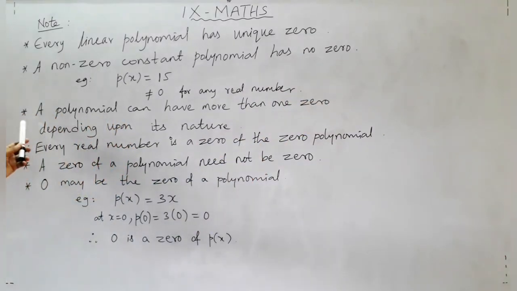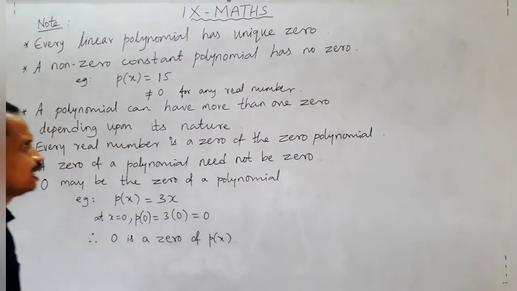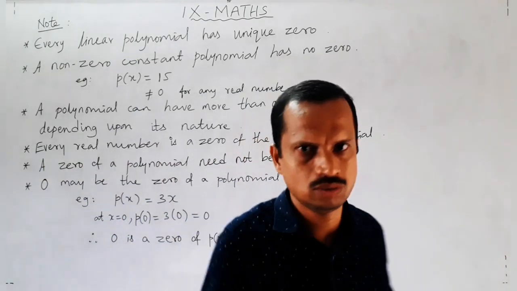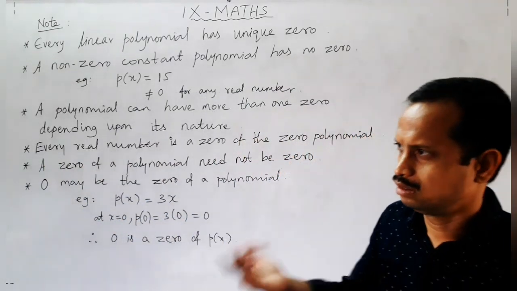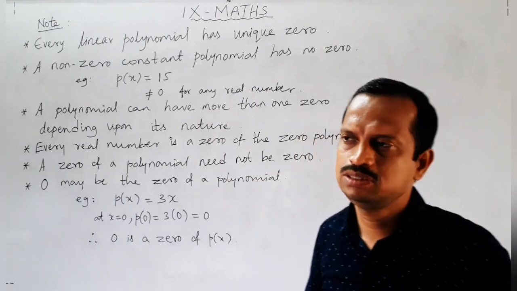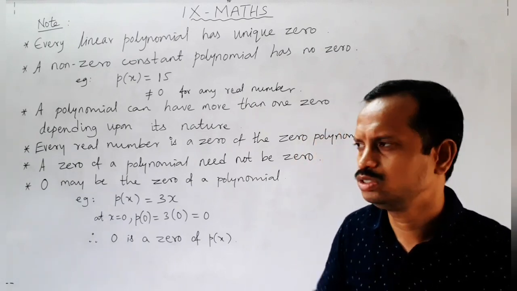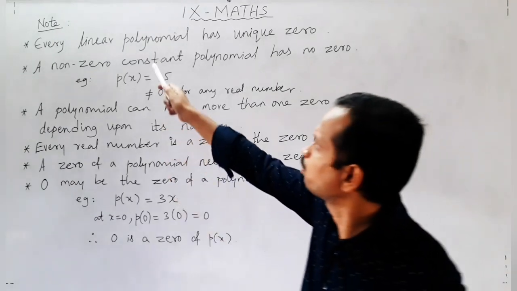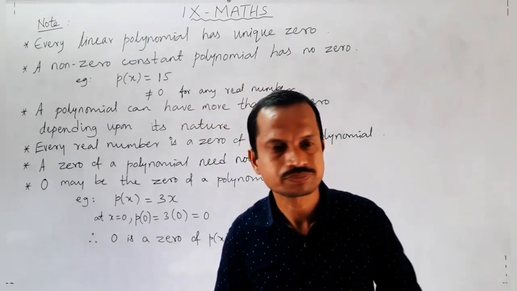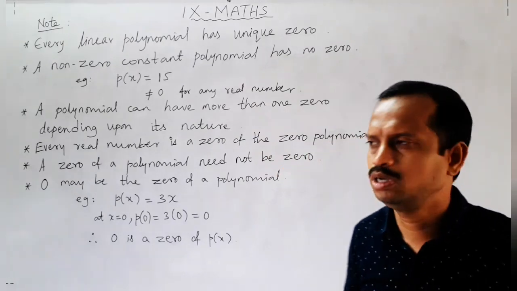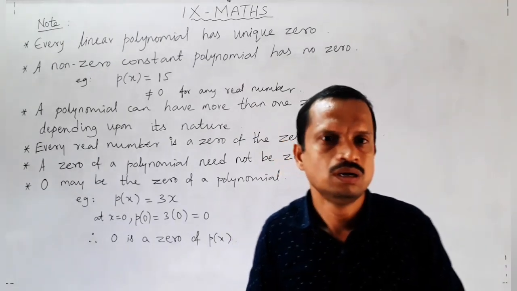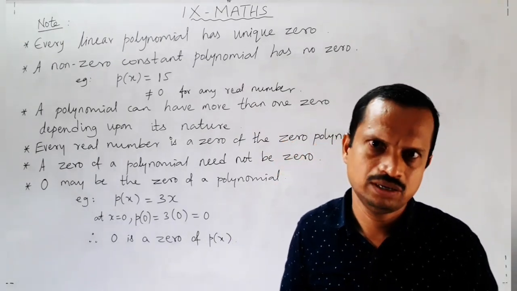Clear? Next point, a polynomial can have more than one zero. Already I told you, depending upon its nature. That means if it is a linear polynomial, then it is a degree 1 polynomial, so one zero will be there. That's the first point, it has a unique zero. And if it is a second degree polynomial, at most 2 zeros will be there, because it is second degree.